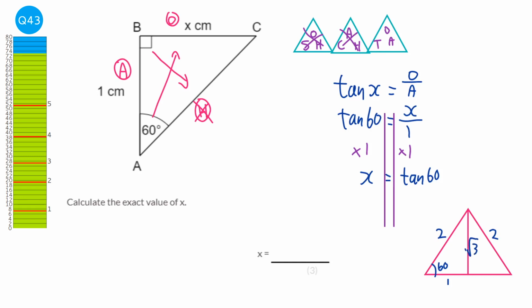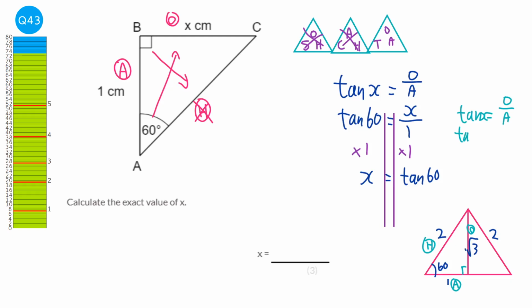So looking at labelling the sides here, just pick a colour to make sure it's nice. So we've got the hypotenuse here, we've got the adjacent here, and then the root 3 will be the opposite. And so we're looking for tan 60. So tan, as we know, is the opposite over adjacent.